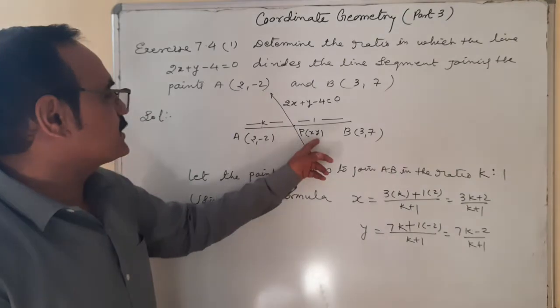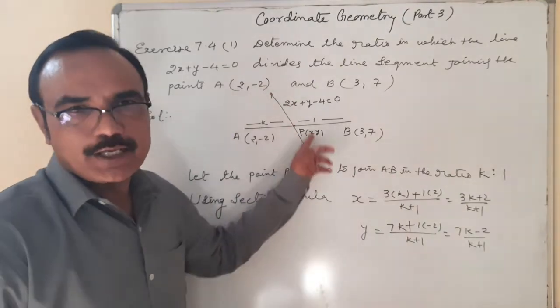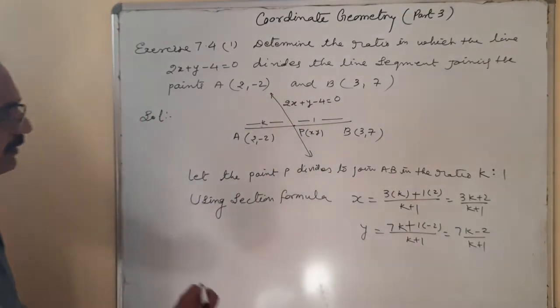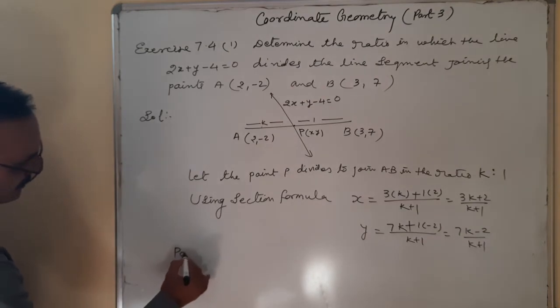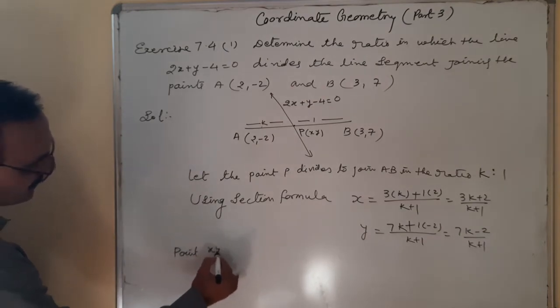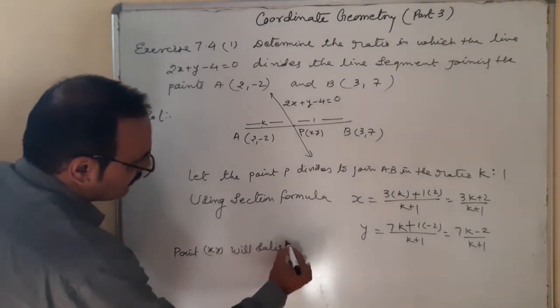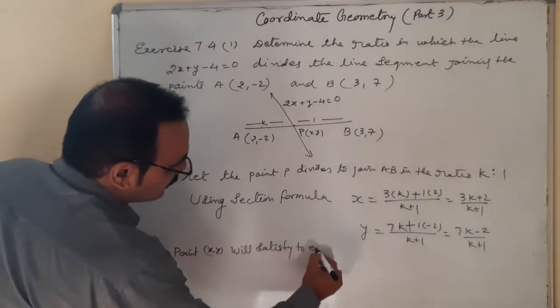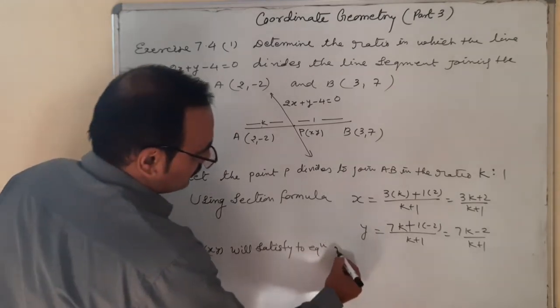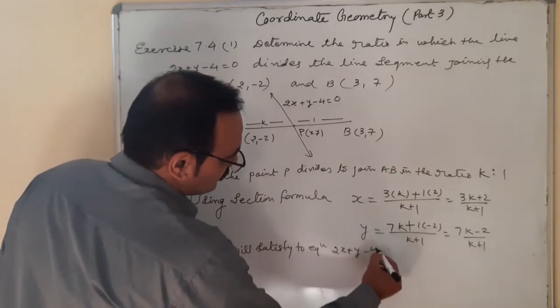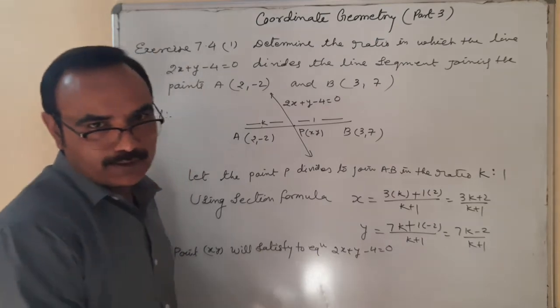Since these values x and y lie on the line, they will satisfy the equation 2x plus y minus 4 is equal to 0. Yes or no?